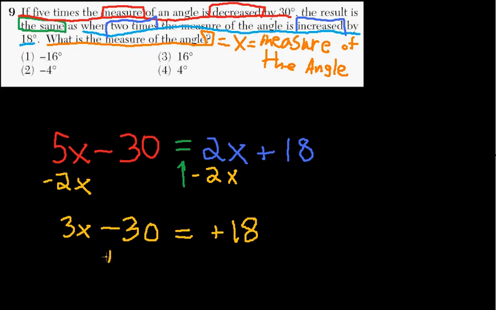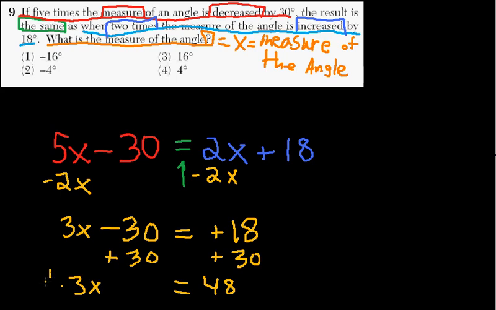Now we add 30 to both sides. Add 30 to both sides. Okay, and you will have 3x equals, and then 18 plus 30 is 48, right? And then we just multiply by 1/3 or divide by 3.